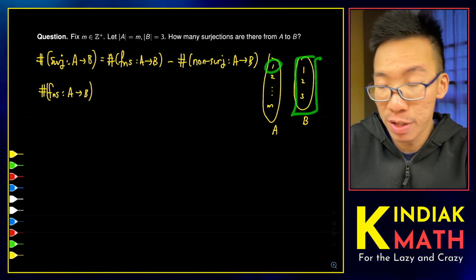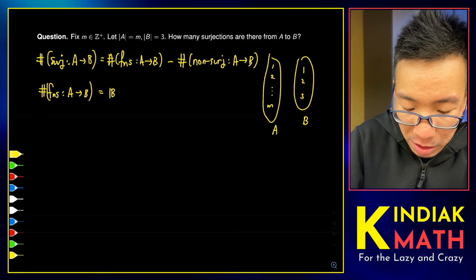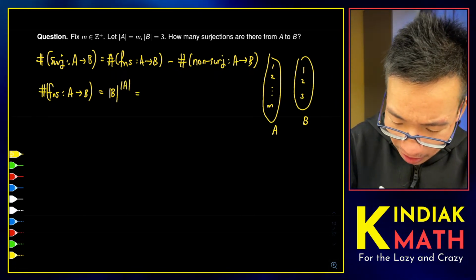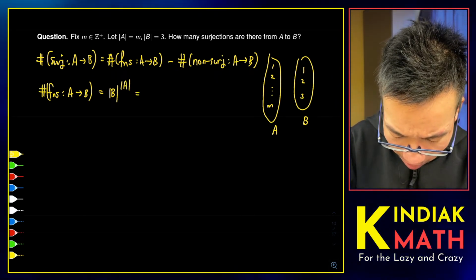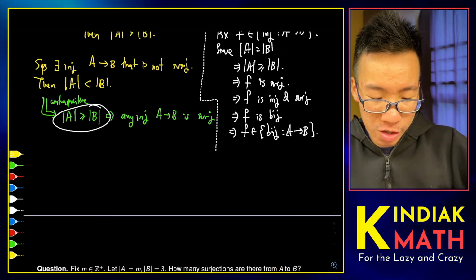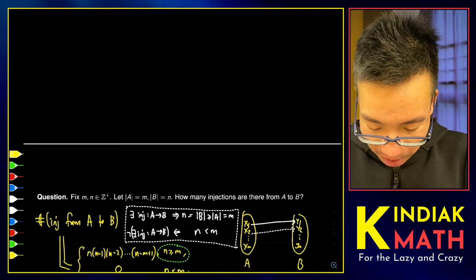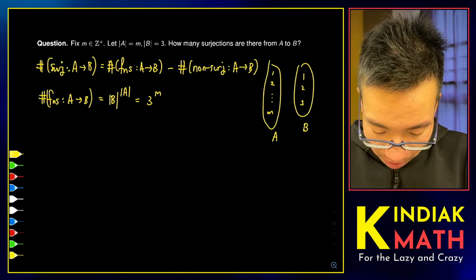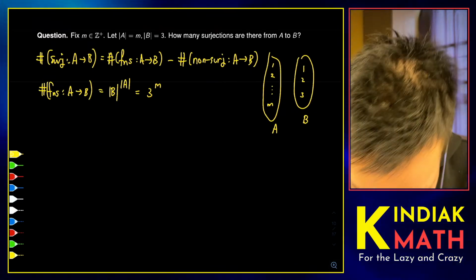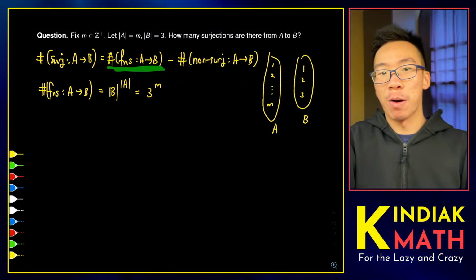There are a total of 3 possible outputs, so the number here is going to be mod B to the power of mod A. And in this situation, we're going to get 3 to the M. Let me just check to see my notation is correct earlier on. Yeah, okay, this is fine. Okay, so that's the first part. Pretty straightforward stuff.